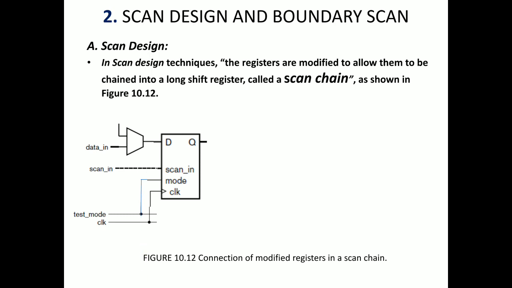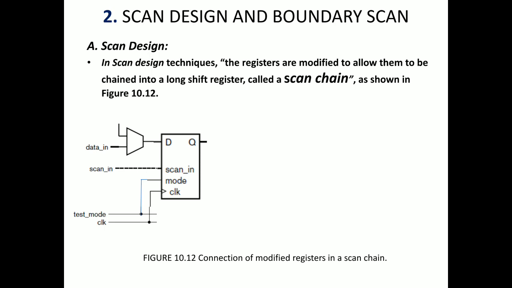We will modify the flip-flop into a scan chain flip-flop, where we will have two extra inputs, scan in and test mode. We will not directly give the data input, we will give the muxed output.